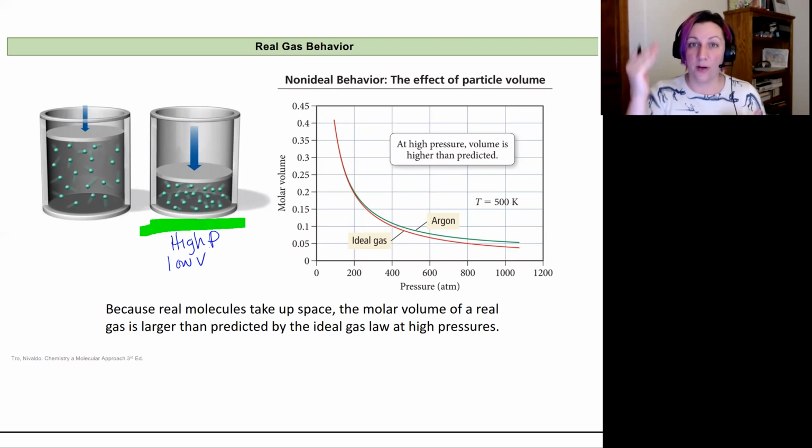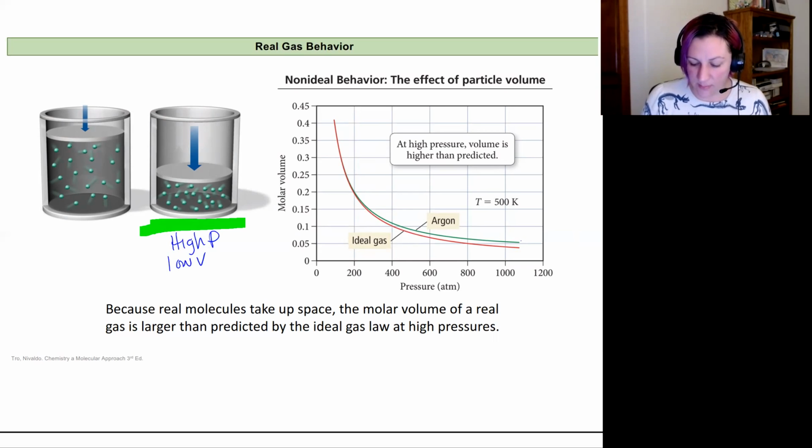This happens as pressure increases, as those particles come closer and closer together. And so we see these particles taking up space and that deviation from ideal gas law behavior happen at high pressures. And we see that the volume is always going to be larger than we would predict using the ideal gas law.